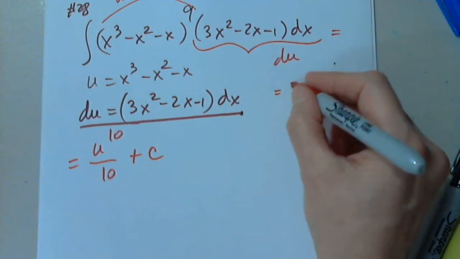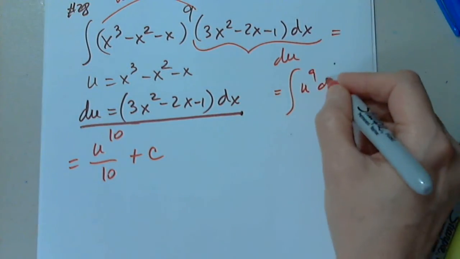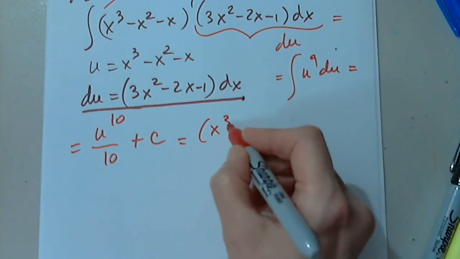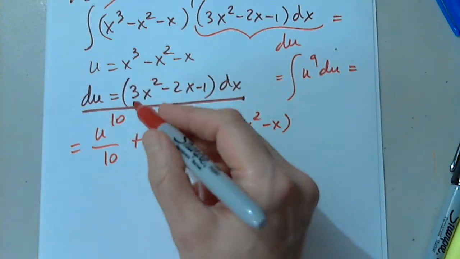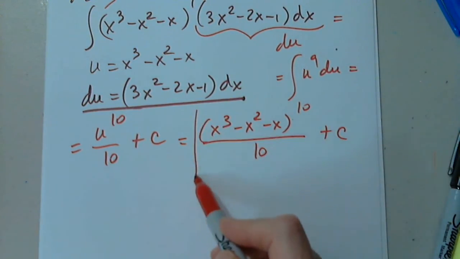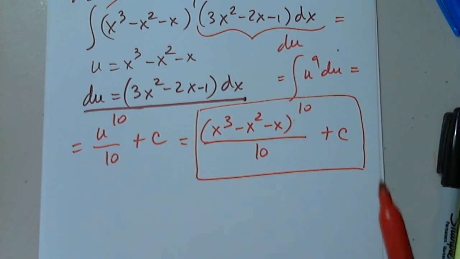So maybe I should write this intermediate step, u to the 9 du. And now I have to go back. I have to replace u, which is x cubed minus x squared minus x, to the 10th power divided by 10 plus a constant c. I have to go back to the original variable because this is an indefinite integral.